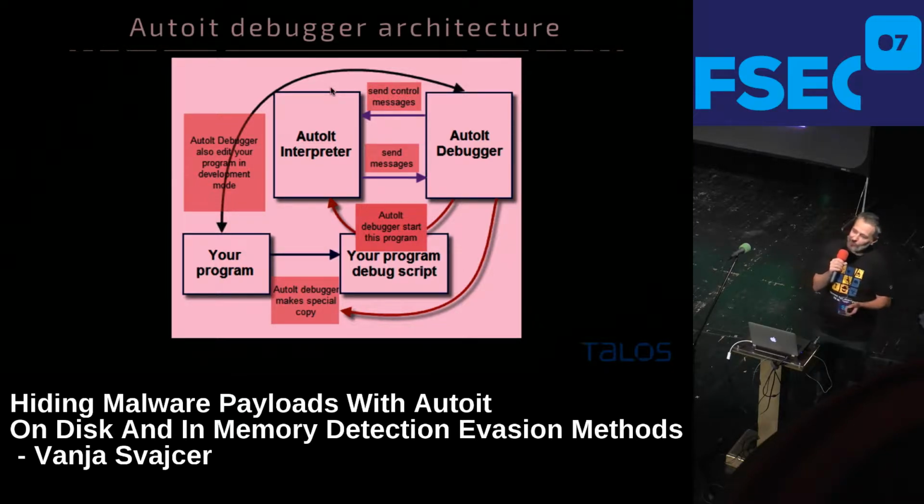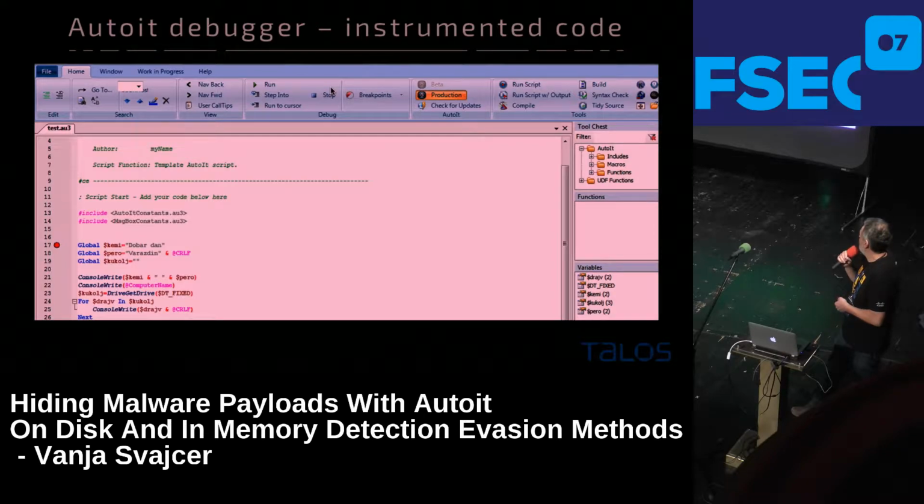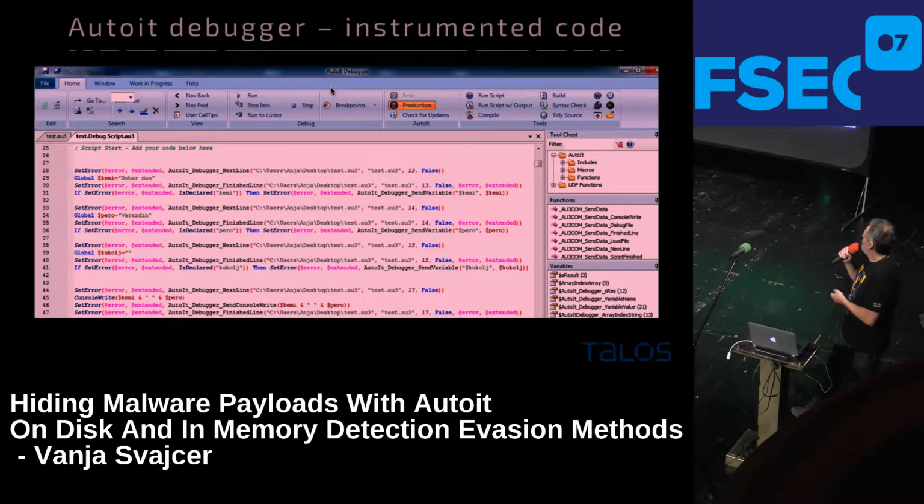So you kind of get breakpoints, you kind of get inspection of the variables, and it is pretty useful. So from the same script that I had at the beginning, as an example, the instrumented script is basically this. So every time you script one line, a new error is set, which basically then allows you to inspect variables and things like that. So it's not really a debugging provision, but it's better than not having anything.